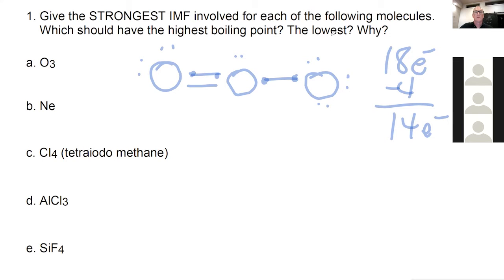It only has 5 valence now, but how many total electrons does it have? It's 8. It does have an octet. But it only has 5 valence electrons. So what does that mean for that oxygen?